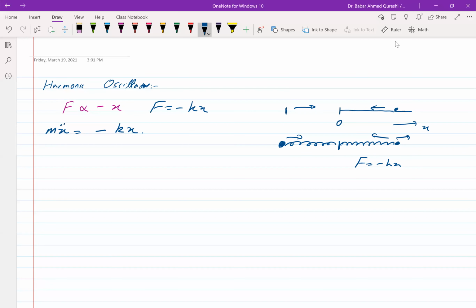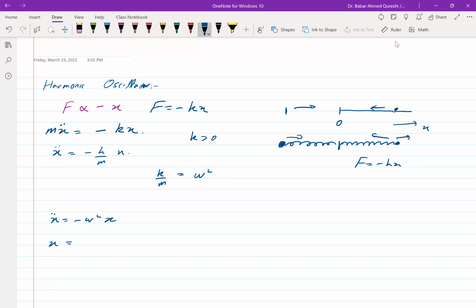This kind of system is called the simple harmonic oscillator. And the solution of this is very easy. This is the equation, and if I call k over m as omega squared, it's a positive number, k is a positive constant. Then its solution is easy to write.